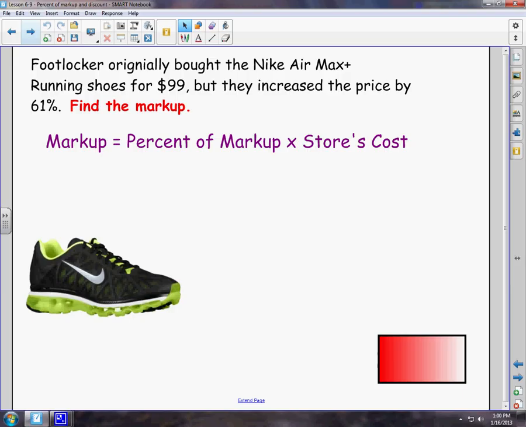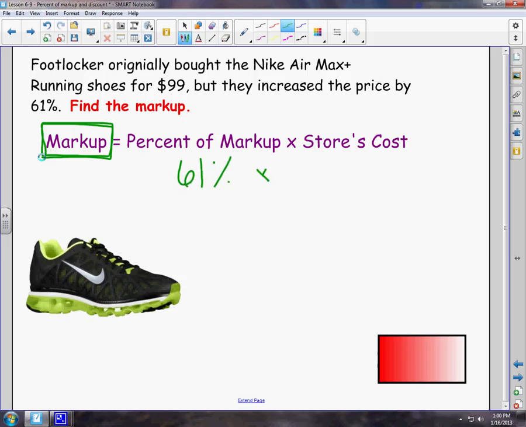Find the markup. To find the markup, write this in your notes: it's the percent of markup times the store's cost. So the percent of markup is 61% times the store's cost, which is $99. If you're putting this in your calculator, you're going to want to change that to a decimal unless you hit the percent sign.